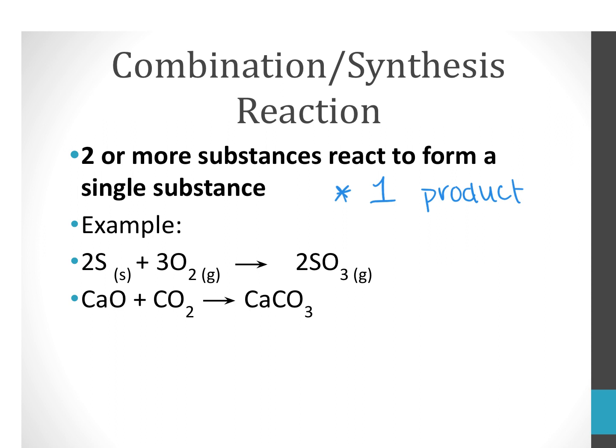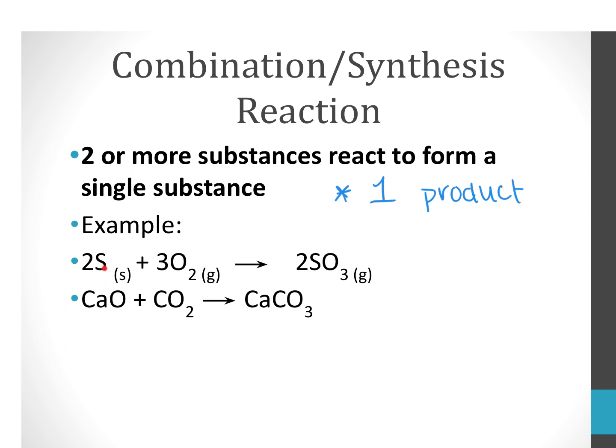So eventually we need to get to the point where you can look at a variety of reactions on paper and you need to be able to identify the type of reaction. Okay, so for this type of reaction, you're looking for one product. Okay. You'll have multiple reactants, one product. So that'll be like your cue that this is a combination. And then I have just a couple examples down here to show you what that's going to look like.